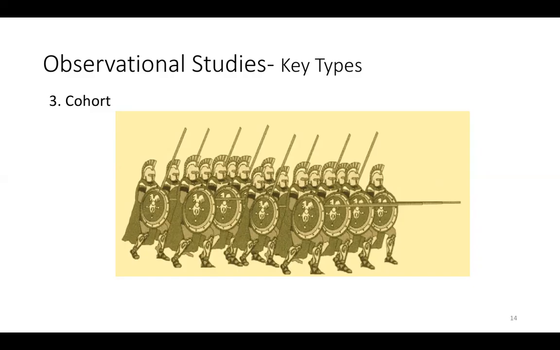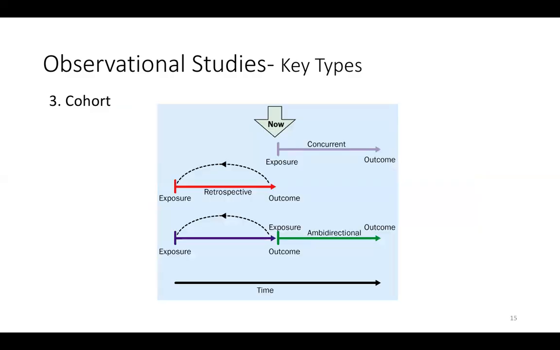So hence, a study which goes forward in time. So, for a cohort study to occur, you need to start with the exposure and then go forward in time to reach the outcome, as shown in this figure.